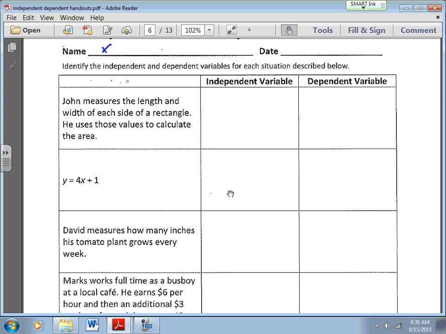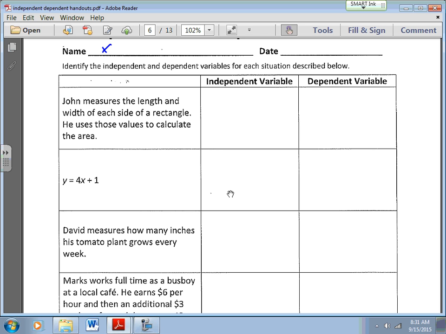The area depends on the length and width. You guys, if the length and width are changing, the area is going to change, yeah? So the length and the width are the independent, yes? The dependent is the area.